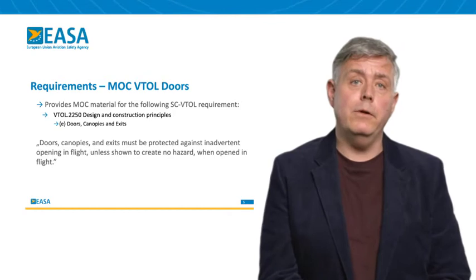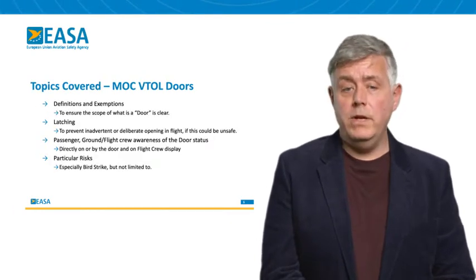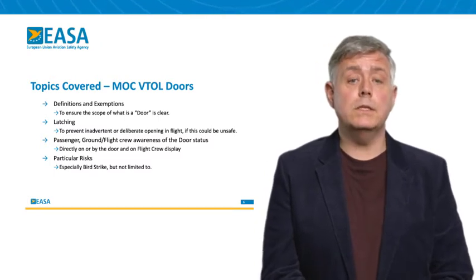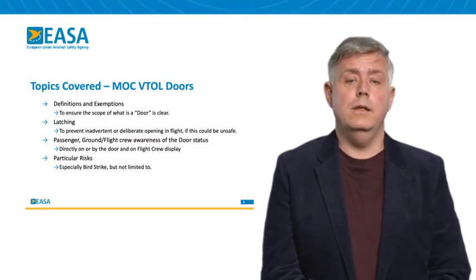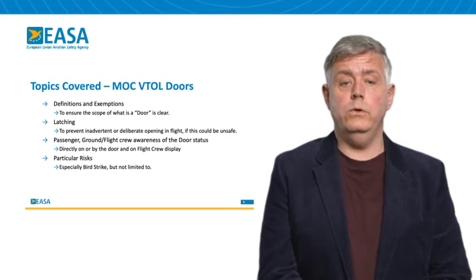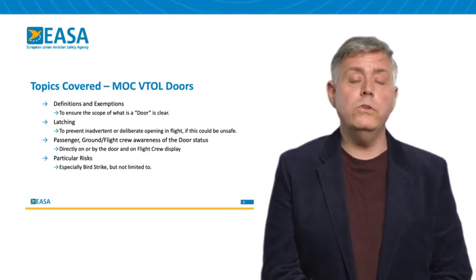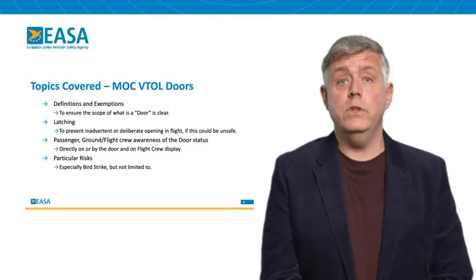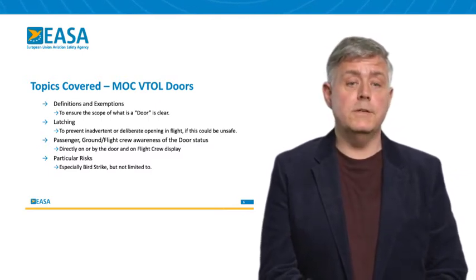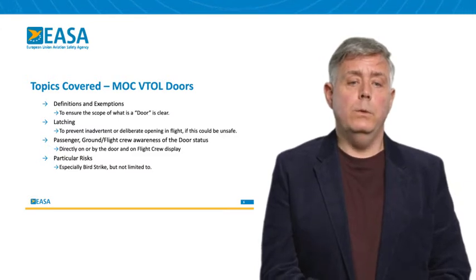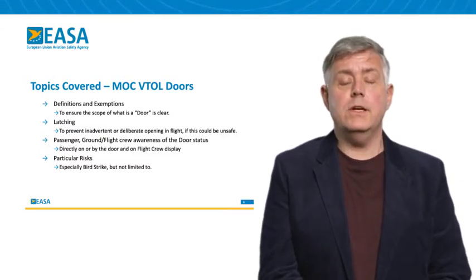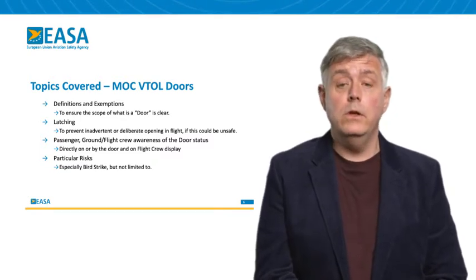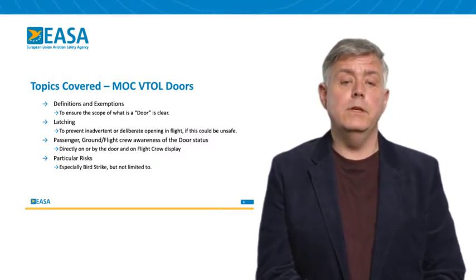2250 subparagraph E. I have mentioned some of these points before, but these are the typical topics covered within the MOC VTOL for doors. As I've said, it's important to define what is or isn't a door for the purposes of this guidance. We consider latching to prevent either inadvertent or deliberate opening in flight where this could be unsafe.